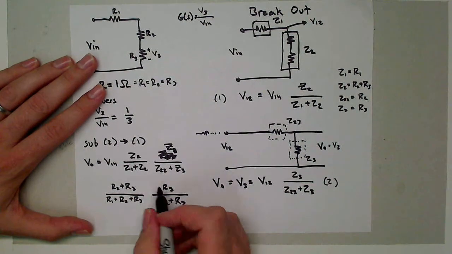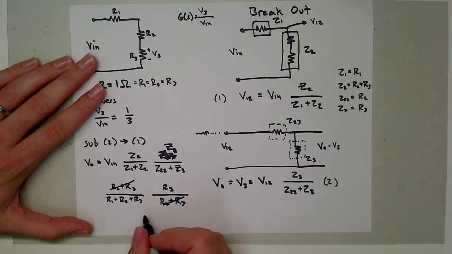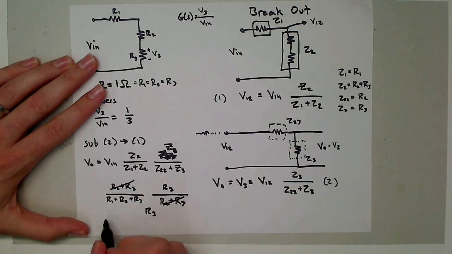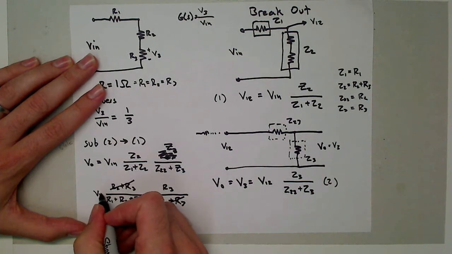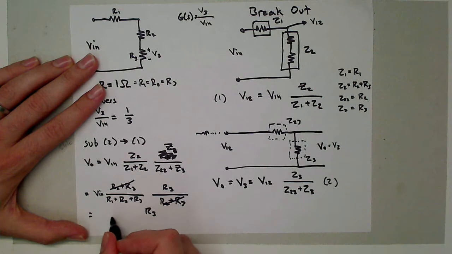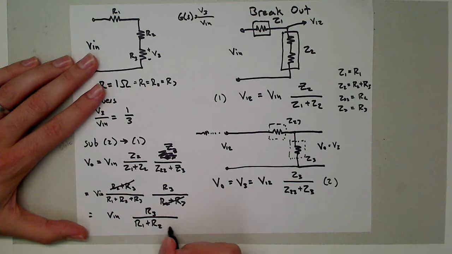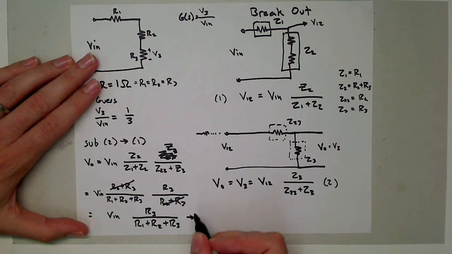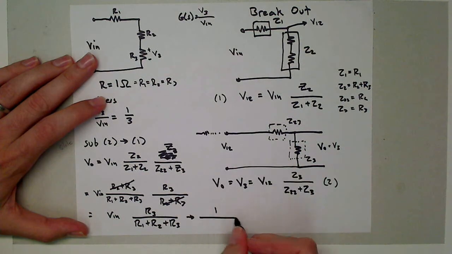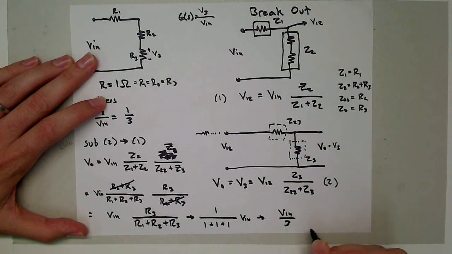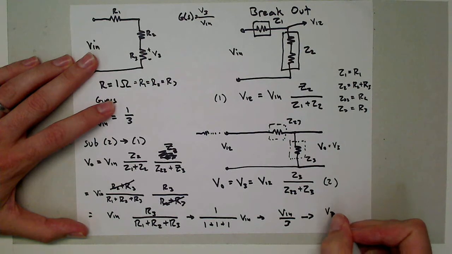Multiplying those two things together, I just get cancellation of the numerator and the denominator, and I get R3 over R1 plus R2 plus R3, all times V in. Okay. So just like we said, we plug in the numbers 1 over 1 plus 1 plus 1 times V in, which is going to equal V in over 3, which implies that V out over V in is equal to 1/3.